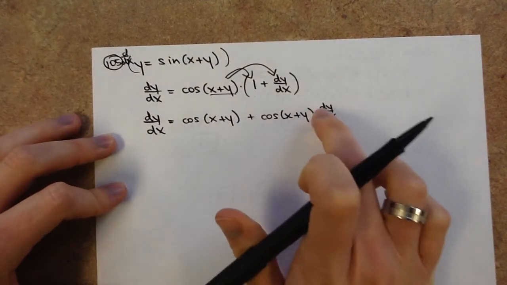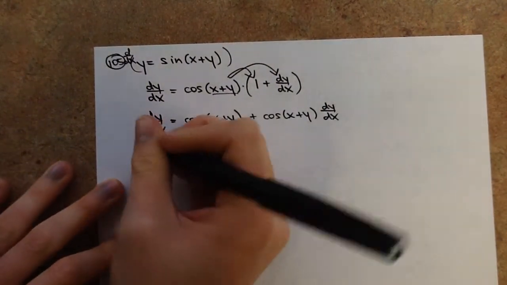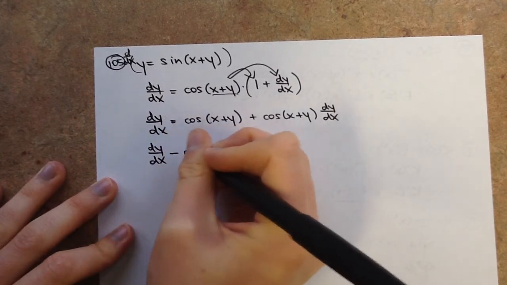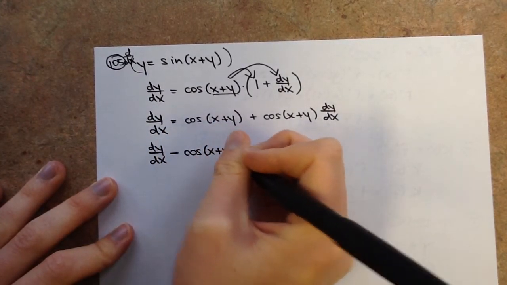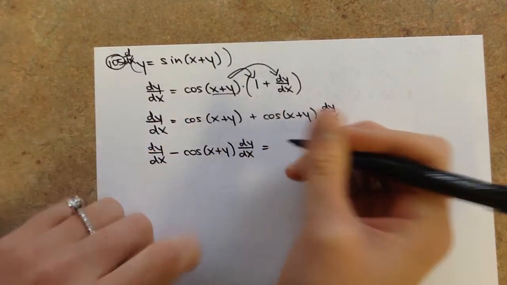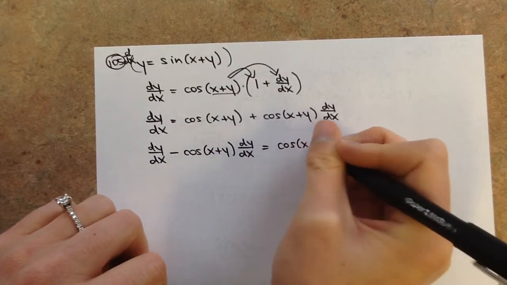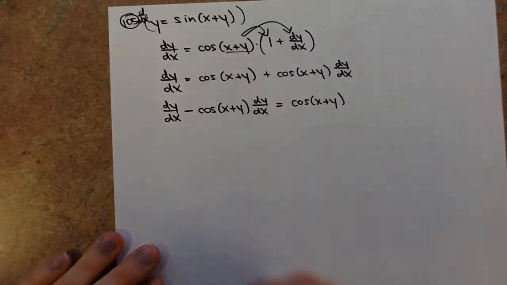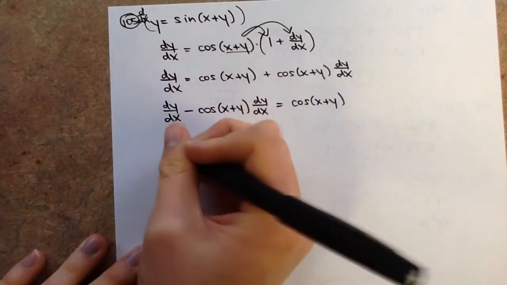Okay, this term right here needs to come over to the left because I'm gathering up my dy by dx's. So minus, and then equals this cosine term that we're leaving on the right-hand side because it is not attached to a dy by dx. Then I'm going to factor out a dy by dx.